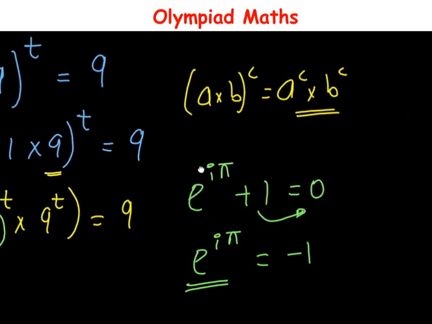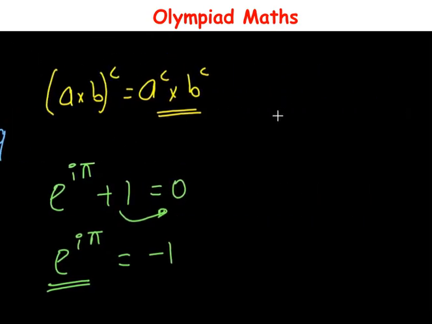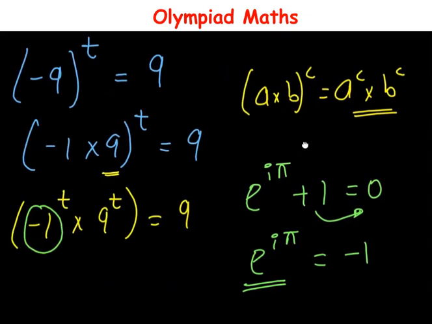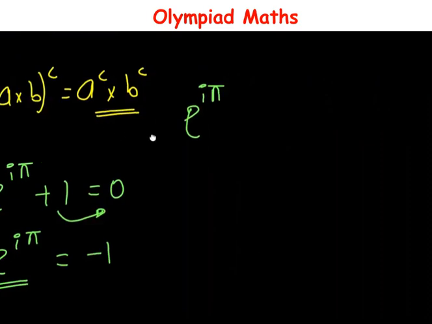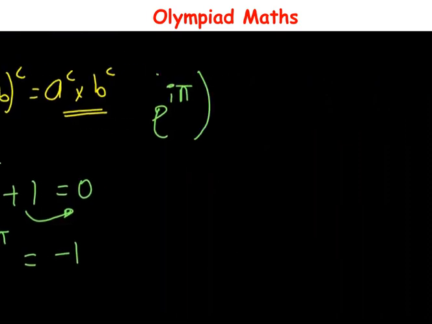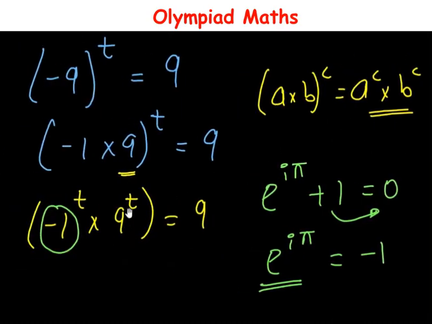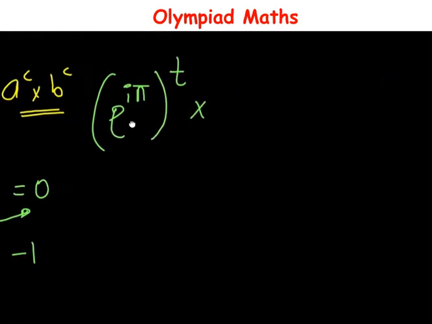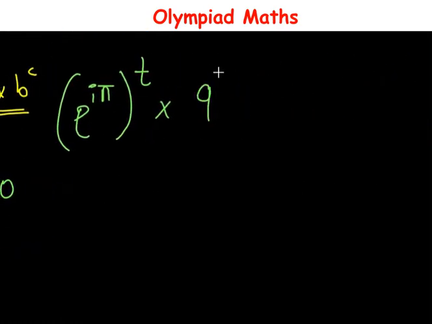So this then becomes (e^(iπ))^t times 9^t = 9.